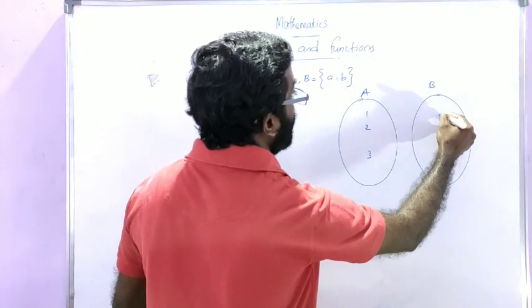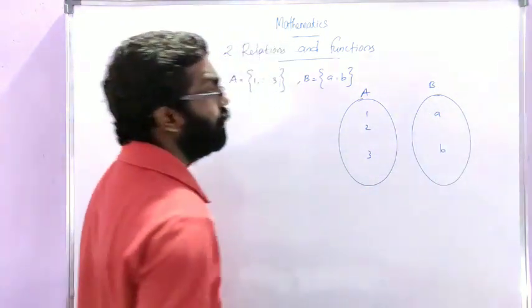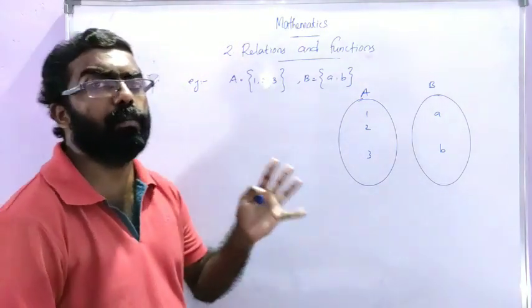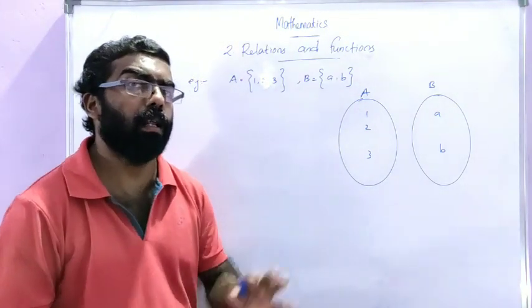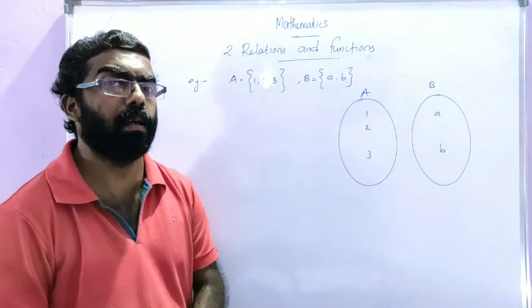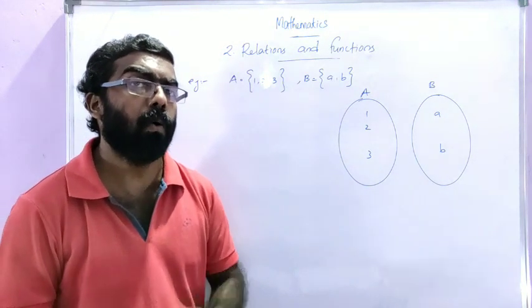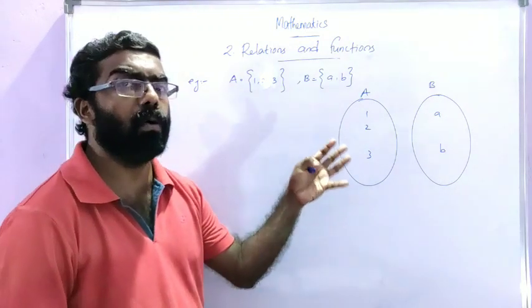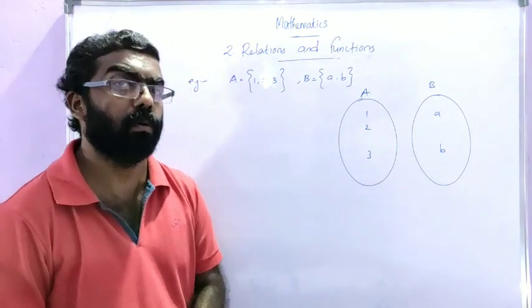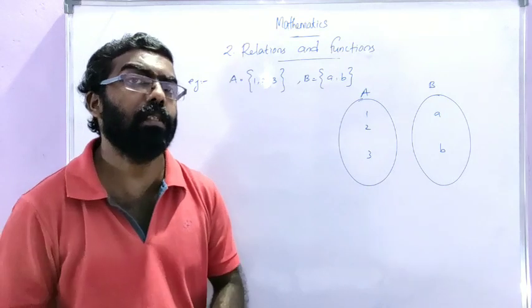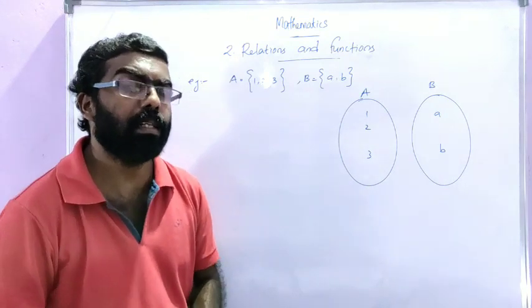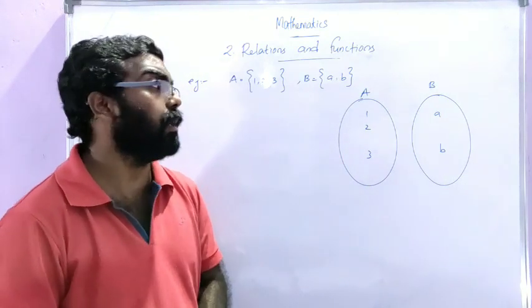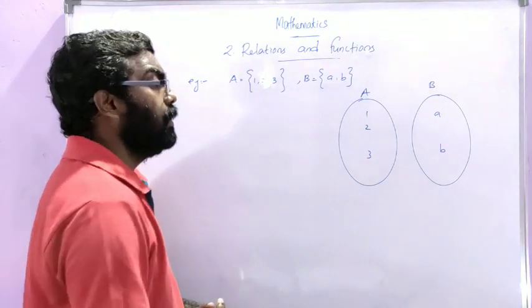Here B is the set a, b. And A cross B is the set of all ordered pairs of elements from A and B such that a belongs to A and b belongs to B. That means the first component belongs to the first set and the second component belongs to the second set.